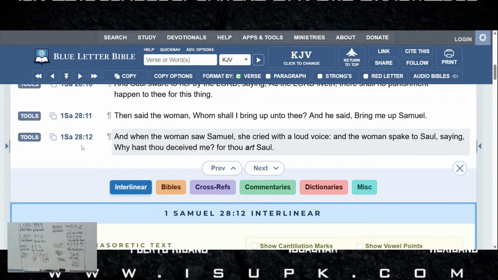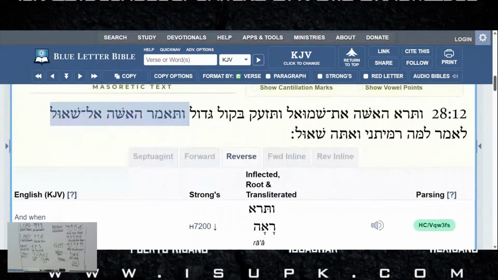This is what it's saying in English. 1 Samuel 28:12. And when the woman saw Samuel, she cried with a loud voice, and the woman spake to Saul, saying, right? So, what did they have us translate? They had us translate Watha Amar. Man, I forgot to give y'all the word Amar.